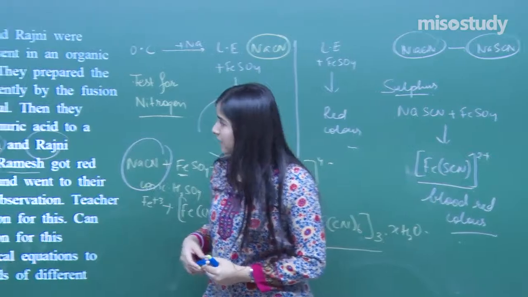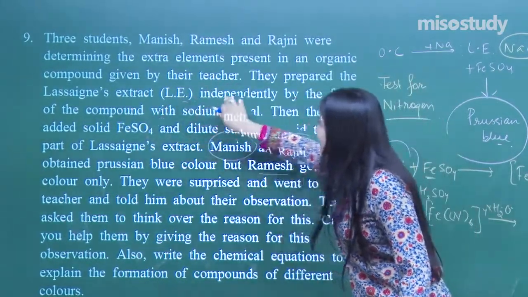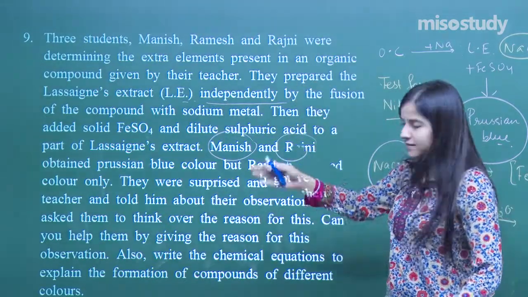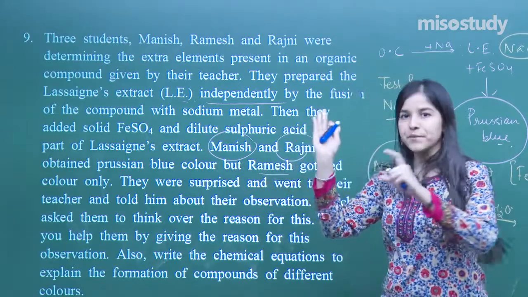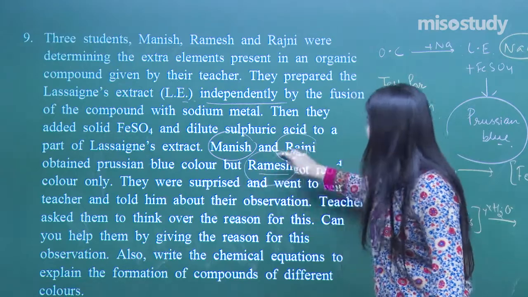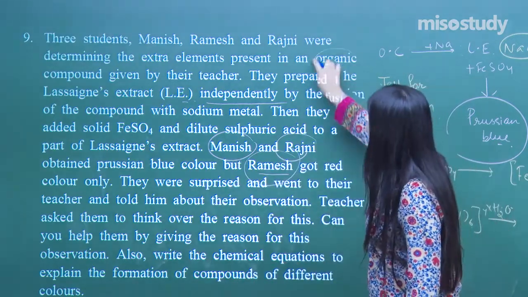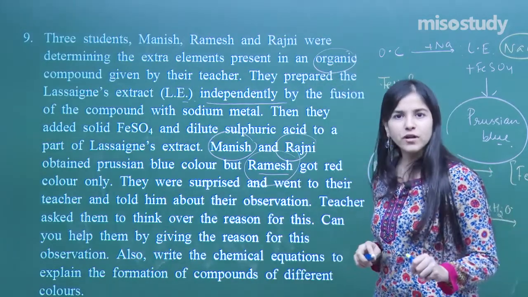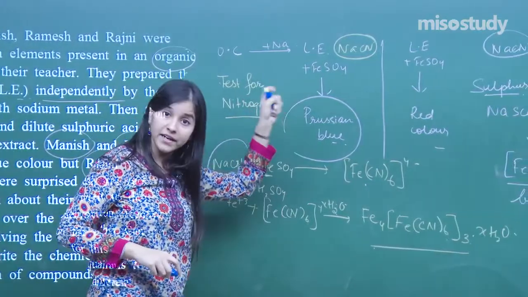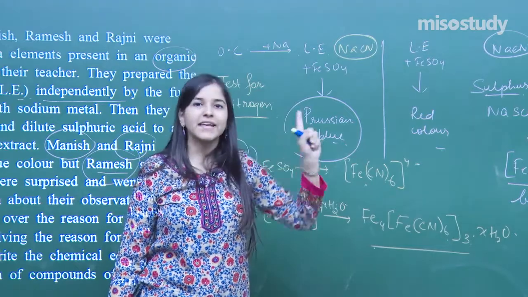Clear about it? They had prepared the Lassaigne's extract independently. That means Manish and Rajni prepared independently, whereas Ramesh prepared independently, but the organic compound is the same. That means here also sulfur would have hindered, because the organic compound taken by them is the same. Now what is the catch over here?